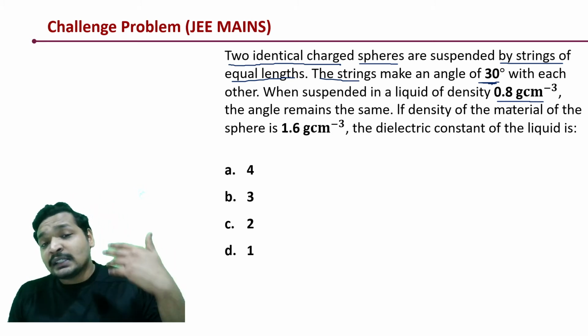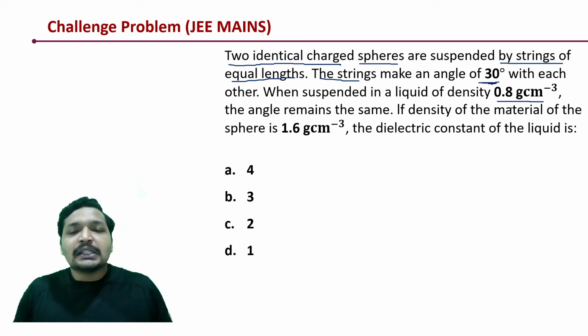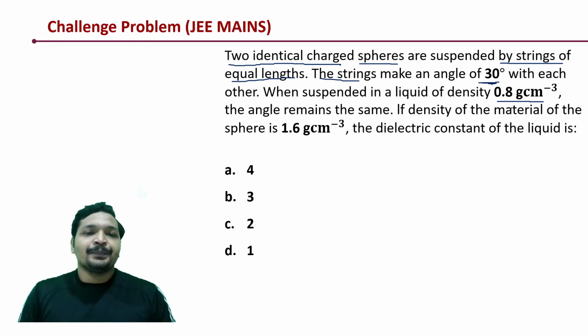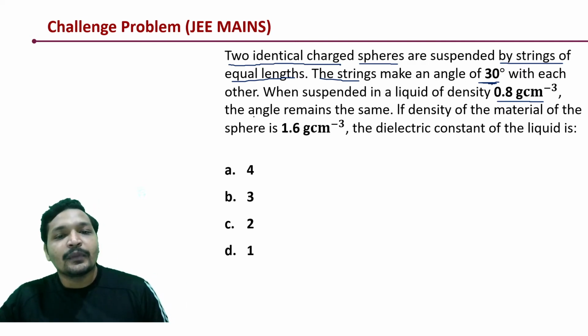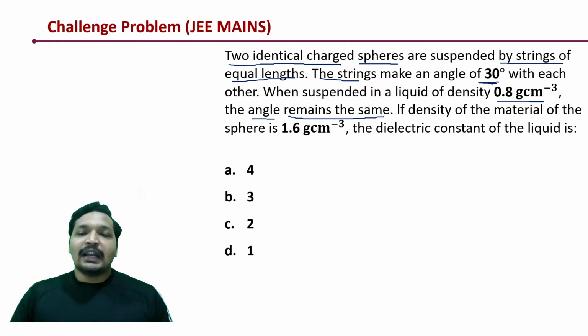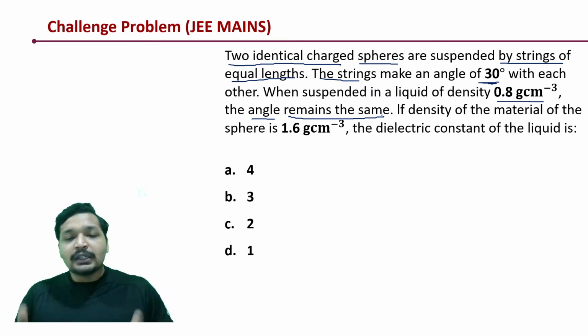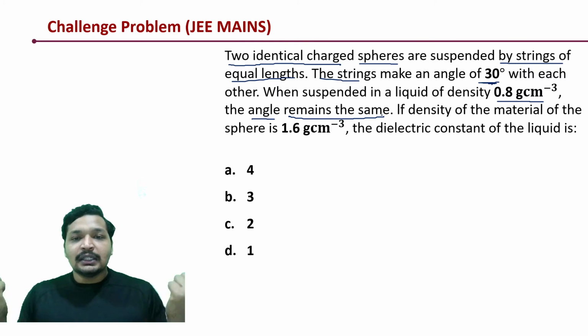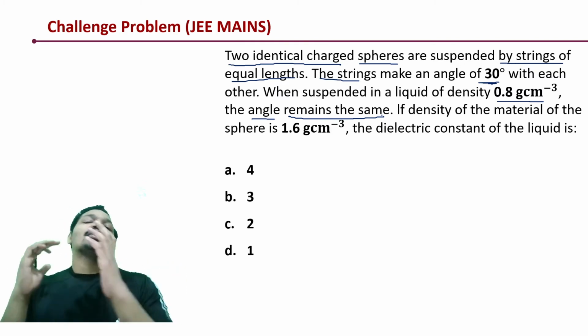There must be some mass of the sphere, so it would experience a buoyancy force, and it was observed that the angle remains the same. How is that possible? Because there is a buoyancy force, your effective gravitational force is reduced. And now the upward component is reducing, and the horizontal component is also reducing.